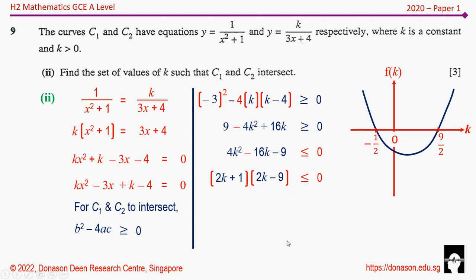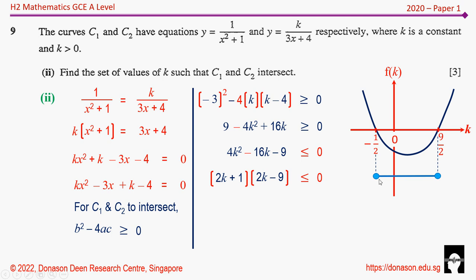Now let's solve the inequality, right? Based on this inequality alone, we know that for it to be less than or equal to 0, k can be anywhere between minus half all the way to positive 9 over 2. Then you can see f(k) is below the k axis, so we know that it would be negative.